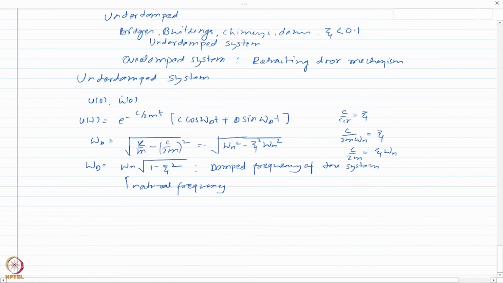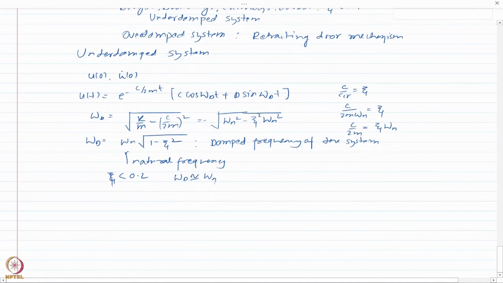Now for the underdamped system, if zeta is less than 0.2, remember zeta square would be 0.04, so omega d is approximately equal to omega n. Keep that in mind. Using this relationship, I can also write my Td, the damped time period, as Tn divided by the square root of 1 minus zeta square.